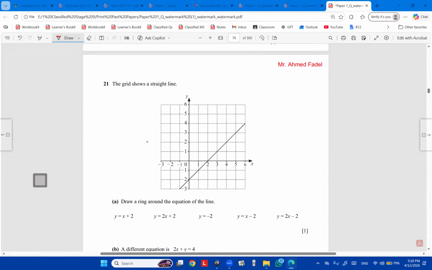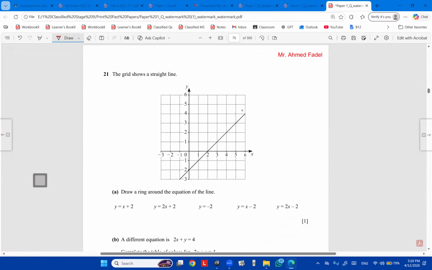The grid shows a straight line. Draw a ring around the equation of the line. First, I know that it's y equals mx plus c, where m is the gradient and c is the y-intercept. How can I know the gradient? You choose 2 points, rise over run, which is 1 divided by 1.